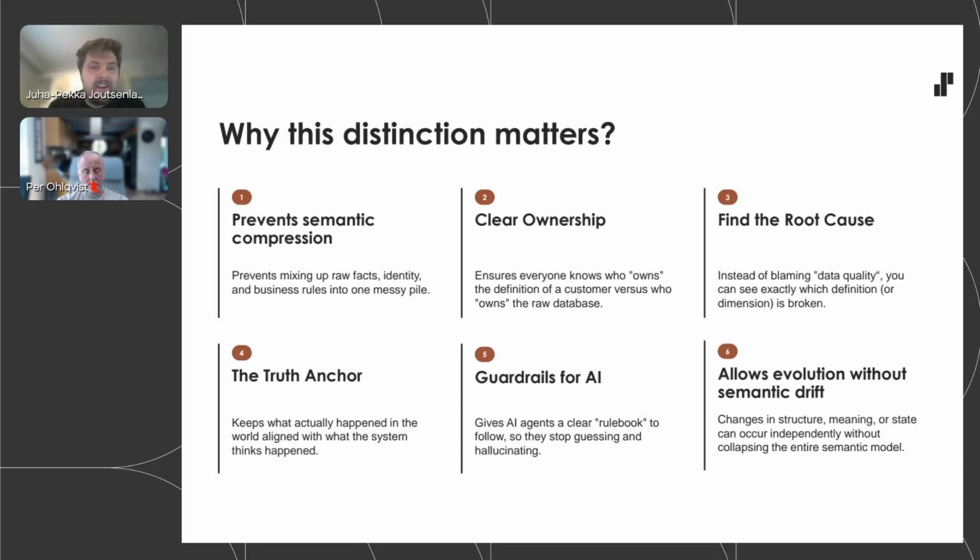When we have clear semantic responsibilities, changes do not as easily break things. So that's the reasoning for making a clear meta model and distinction between these different semantic aspects that we need to consider in building this context layer within an organization.